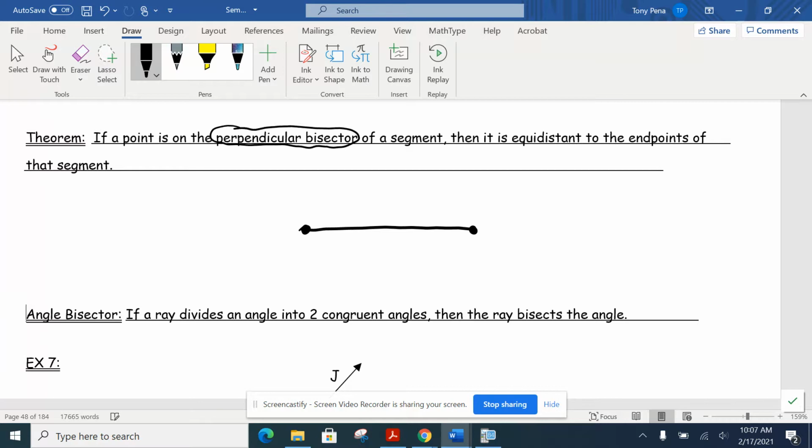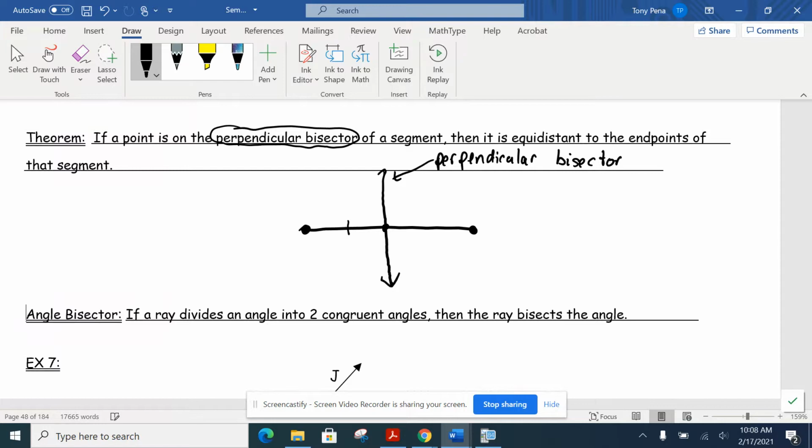So a perpendicular bisector would have to be perpendicular to this line and also bisect that line. So it would have to go right through the midpoint and it would have to be perpendicular. So for us right now, we're going to say that this line here is our perpendicular bisector.